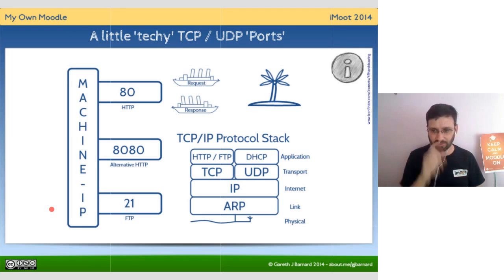So you've got a little wire there, and a little sort of antenna. So imagine when you're on your desert island, it's having to do all this. Your request starts at the top of that little stack and goes all the way down to the bottom. It either goes off the wire or gets broadcast on your aerial, goes all the way to the other end, and filters all the way back up to the application level, which is where Moodle and your web server are running.